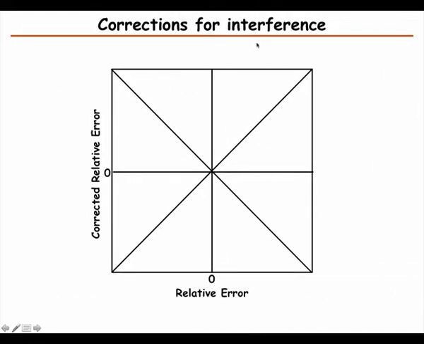Now we're going to look at interference, plotted here, where on the x-axis we have relative error before correction, and on the other axis relative error after correction.